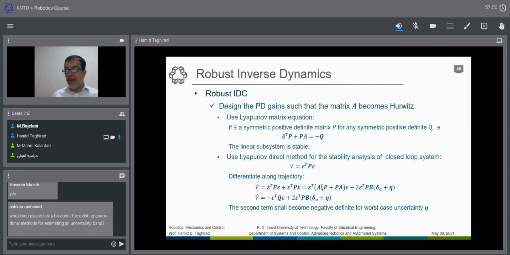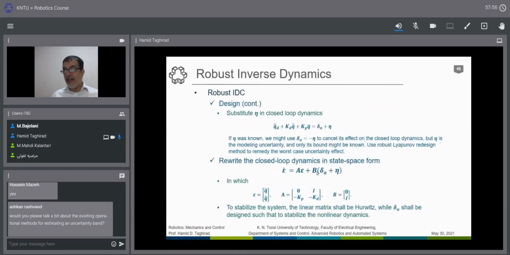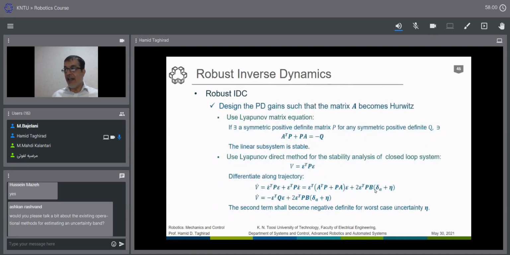So we have A transpose P plus P A plus something. This something is B times delta plus eta, as you see it. We have the P also available here, and these two terms become basically the same. We have two terms also coming before that equation.